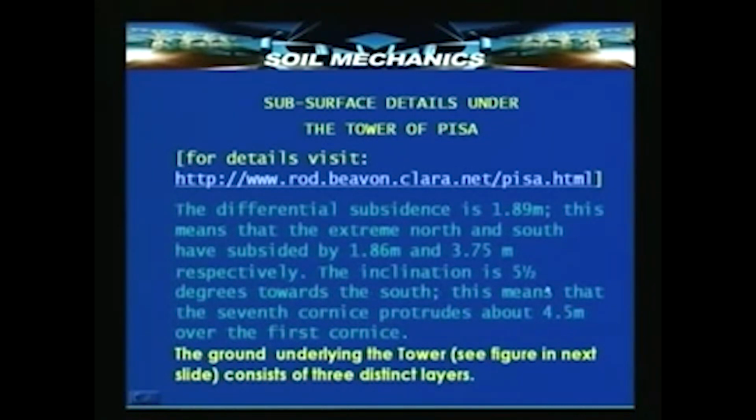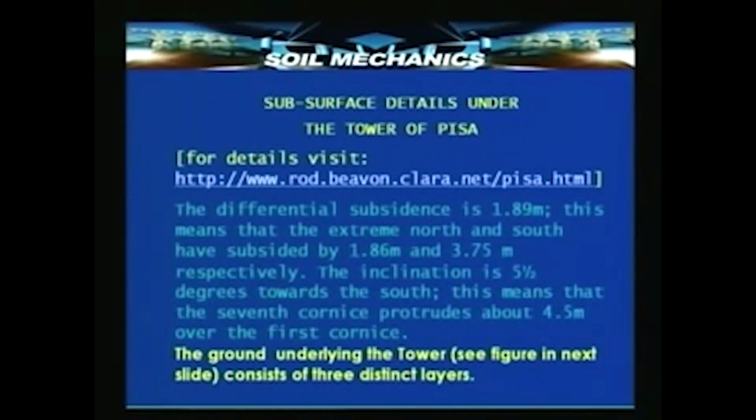The tilt that took place because of this is 5.5 degrees towards the north, because the north has subsided more. This means that the 7th cornice, you know there are several levels, protrudes about 4.5 meters over the first cornice. That is the amount of lateral movement that has arisen because of this settlement.